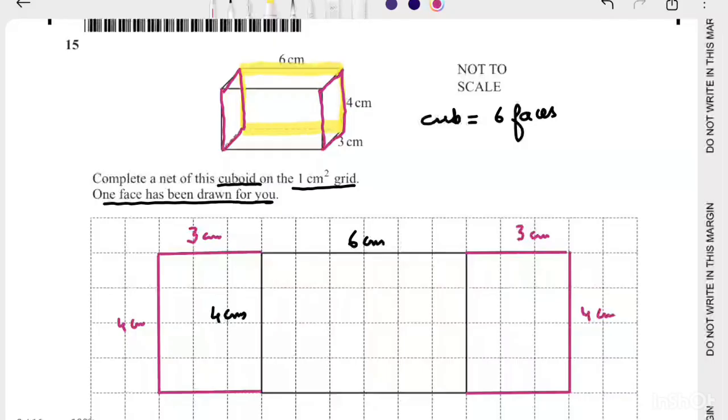Now we have to draw other faces. So let me clear this one. Now we will draw the base one, this one and this one. So it will be 3.